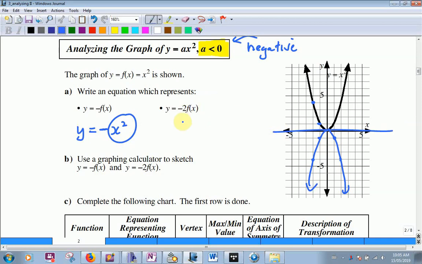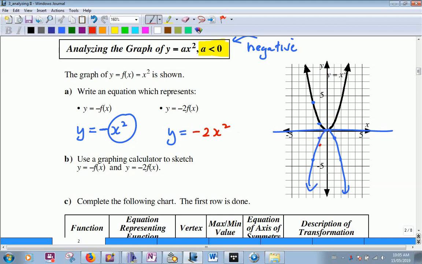So now, if I have more than one thing going on, if I have a negative and a 2, the negative makes it negative, but what does the 2 do again? All the y values are twice what they were, and it's negative, so yes, this thing is skinnier.